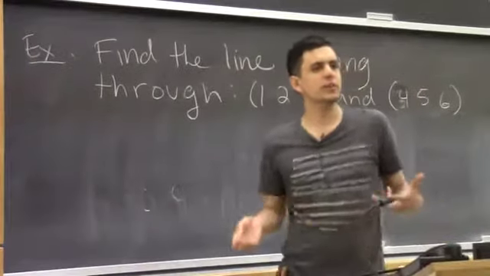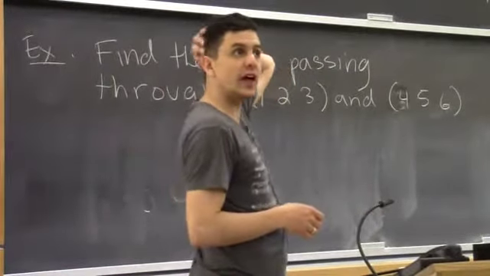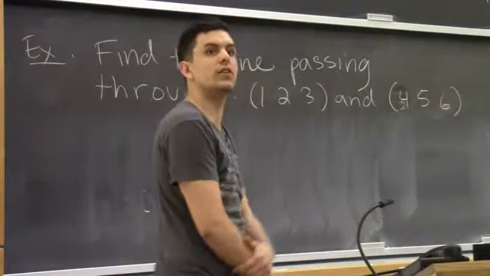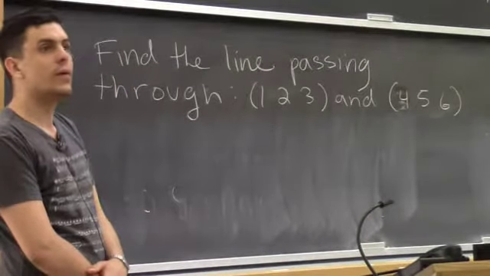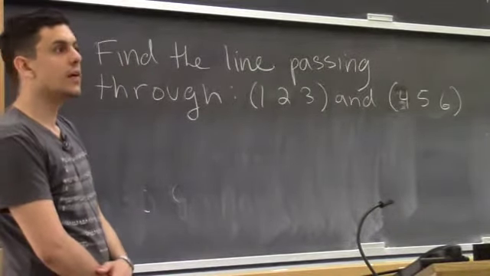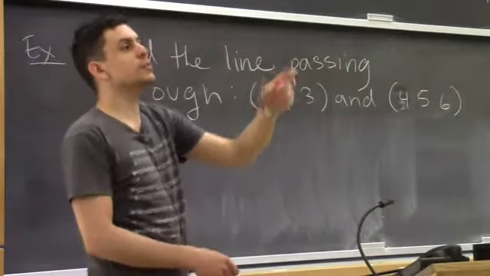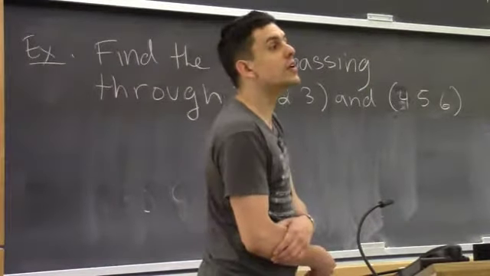Okay, so let's find the parametric equation of a line passing through these 2 points. How should I start this off? Yeah, sure. Okay, which one do you want to use as the initial point? 1, 2, 3.